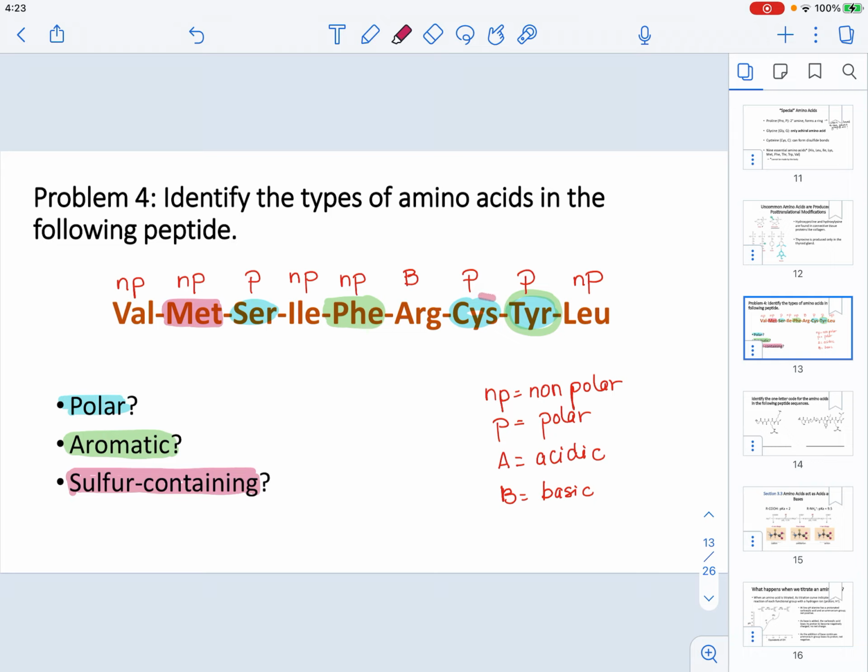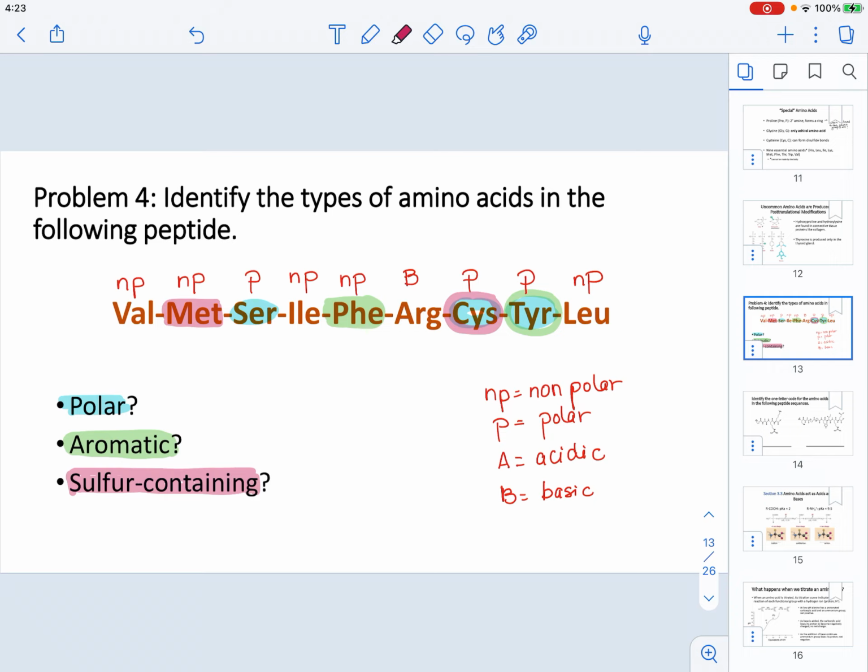The other one is cysteine because it has a thiol group. So pretty much if you're given a peptide, you can identify specifically what kind of groups you have present in the molecule.